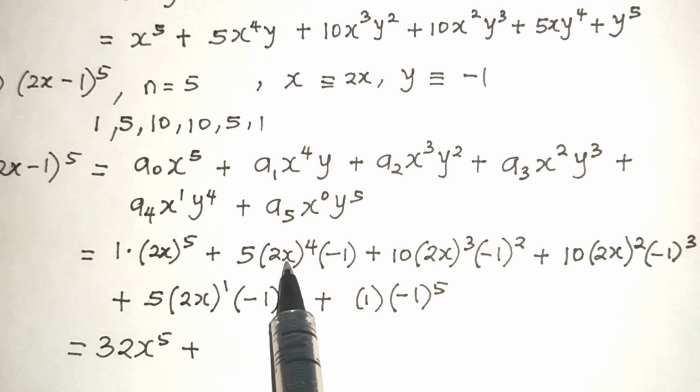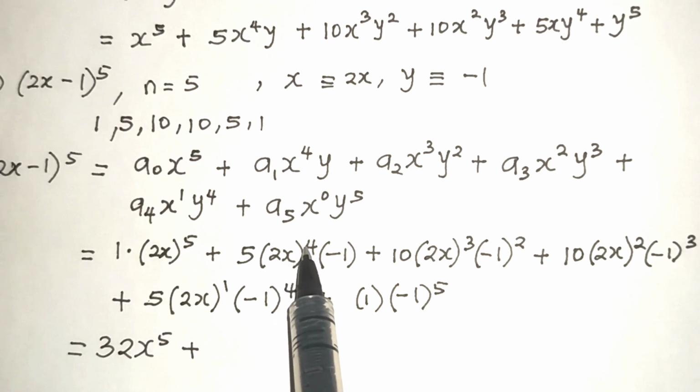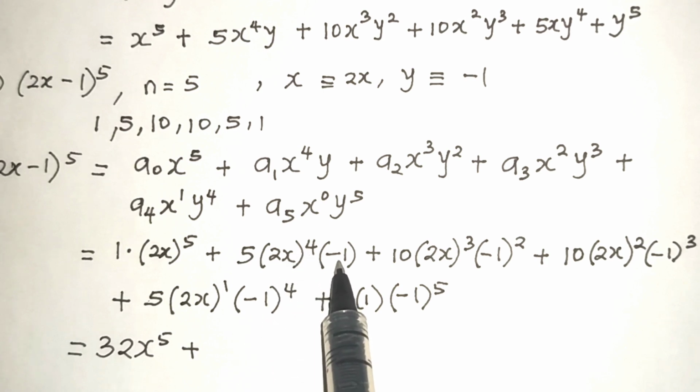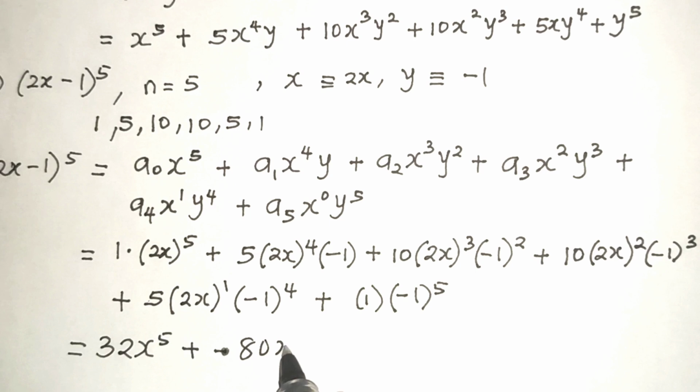So we have 80x^4 multiplied by -1, and that gives -80x^4.